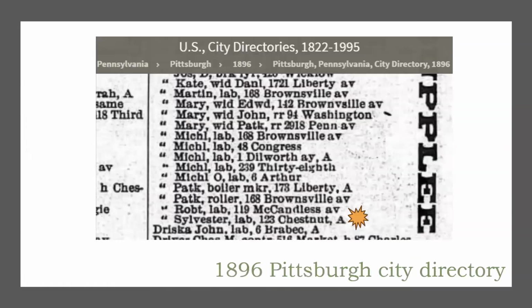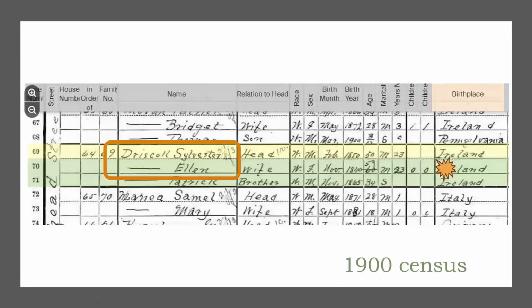So I kept looking. Here we have Sylvester at the same address that Minnie's at various points, so obviously they are connected. And then this is the 1900 census, where they ask women how many children they had. And Ellen says she's had no children.